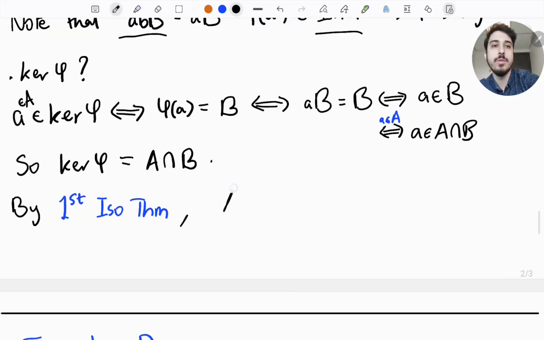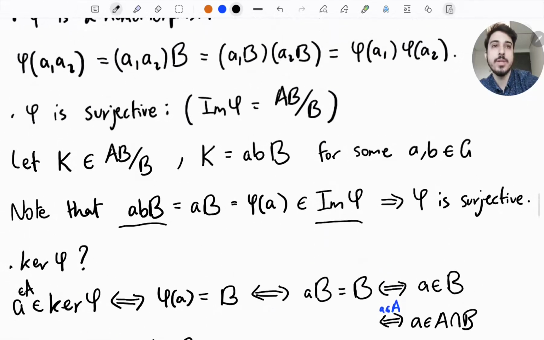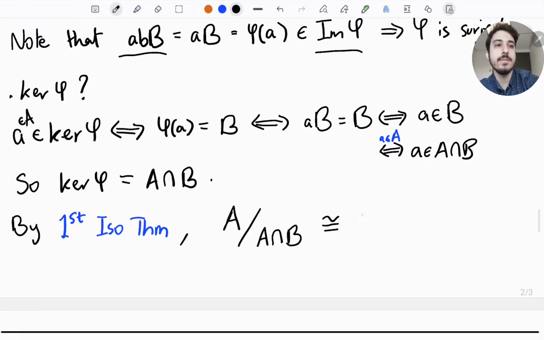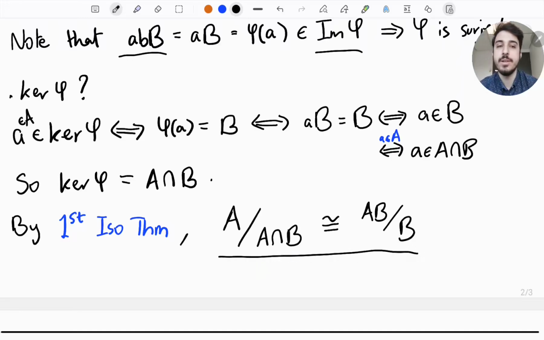So we take the group A, we collapse by the kernel of phi, which is A intersect B, and this is isomorphic to the image, which we've seen, because phi is surjective, is equal to AB/B. Giving us the desired result.